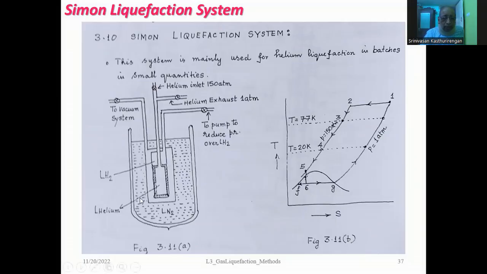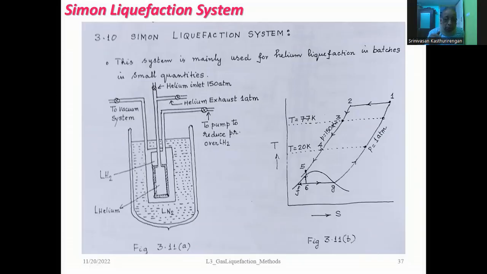Now you evacuate the helium gas present in the vacuum zone using the vacuum system, and you fill liquid hydrogen into this zone, which stays over the helium container and cools the helium gas.